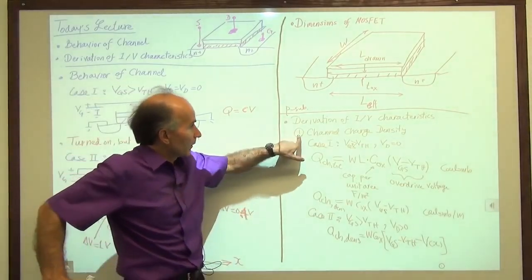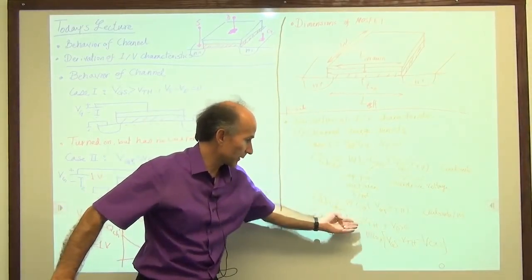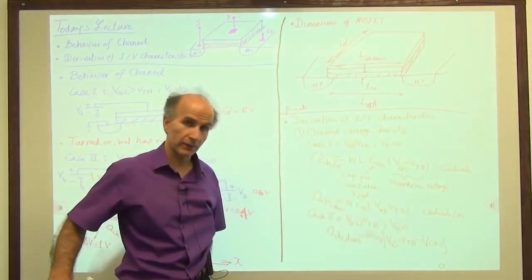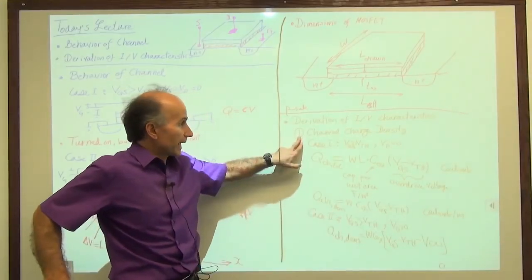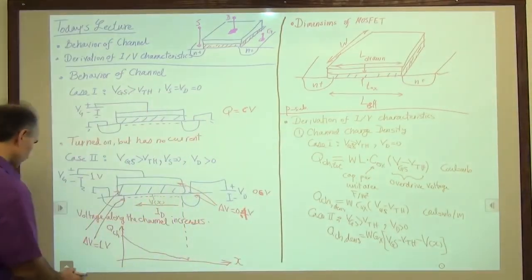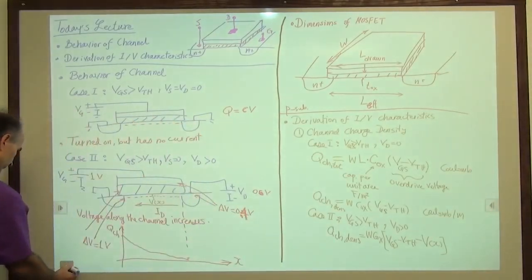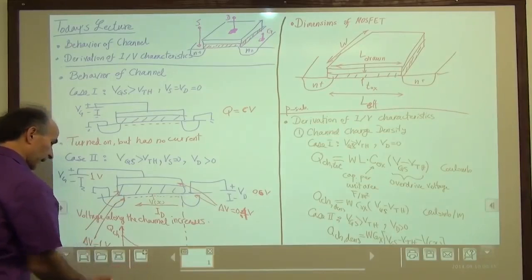So this was number one, channel charge density for the general case with some gate voltage and some drain voltage. Now our second task will be to write the current. So let's go and do that. You just have to remember this equation here. Okay, let's add a page.